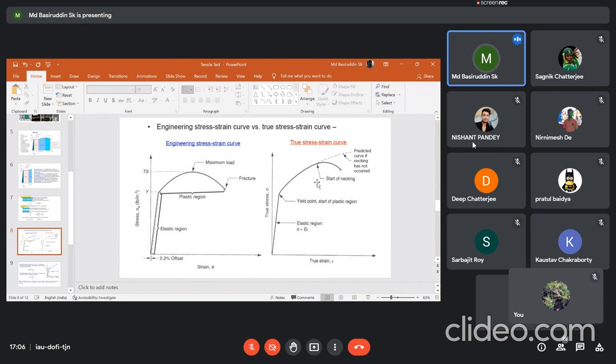Based on that, the nature of this curve will change. So roughly you can get this sort of curve, but if you want to measure correctly, then you may find that the true stress will gradually increase till the fracture.